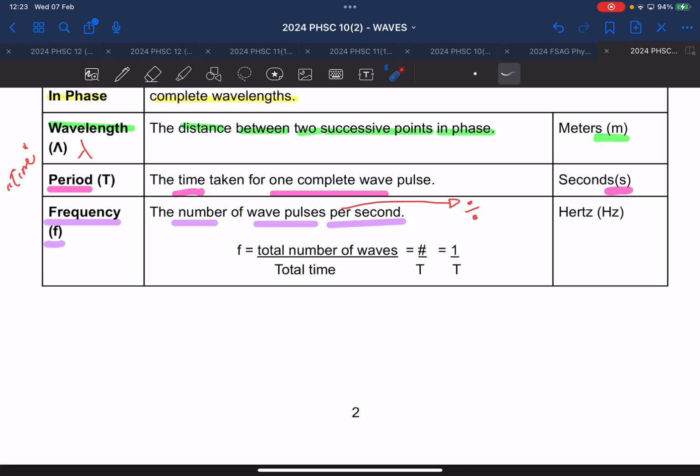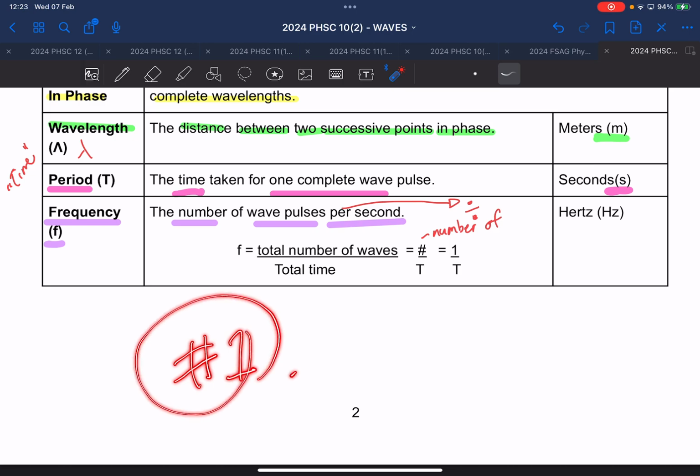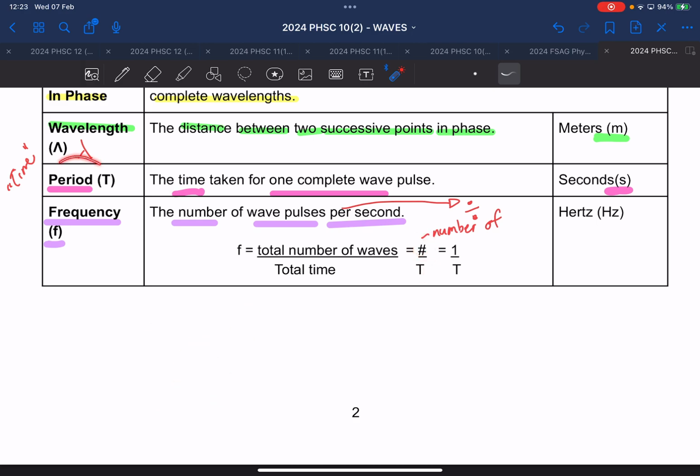Hashtag actually means the number of. So sometimes you'll see they say hashtag 1, then it means you are number 1. Okay, so the number of waves over the time or over the period.